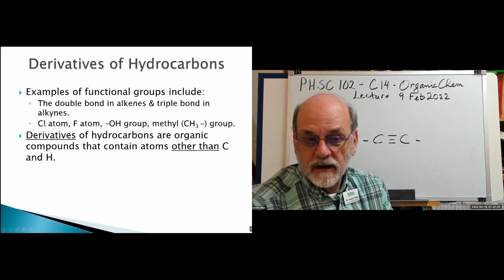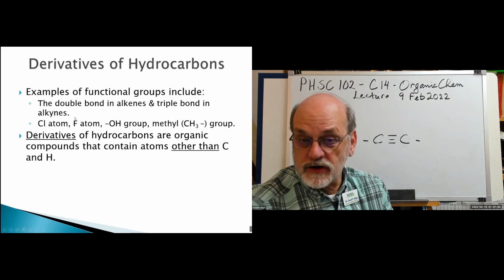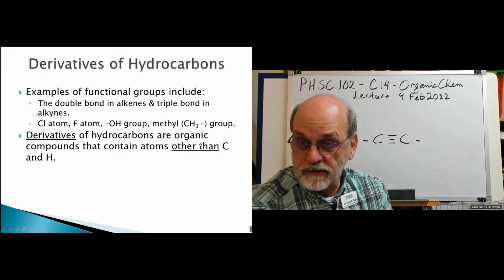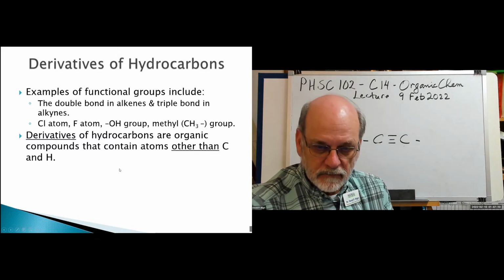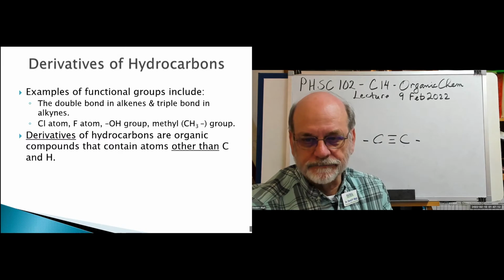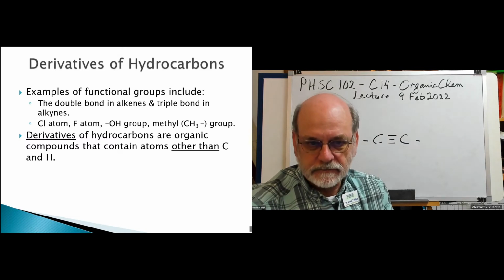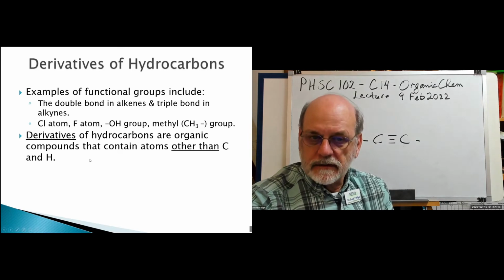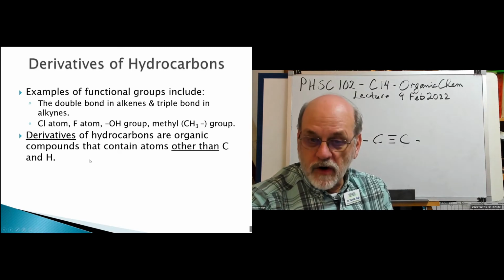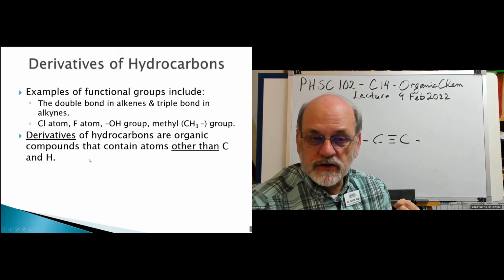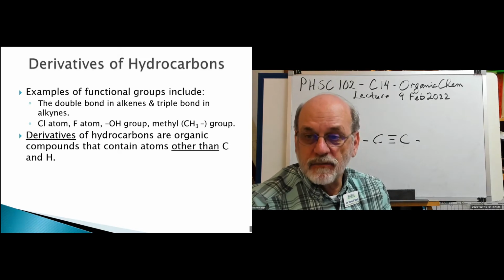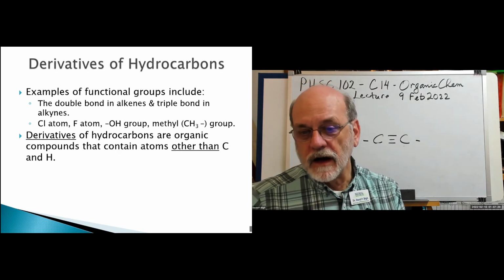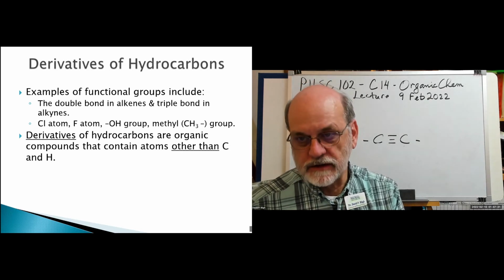Or these halogens are functional groups. OH would be a functional group. Methyl would be a functional group. A derivative of a hydrocarbon is one in which you have anything substituted in other than carbon and hydrogen.